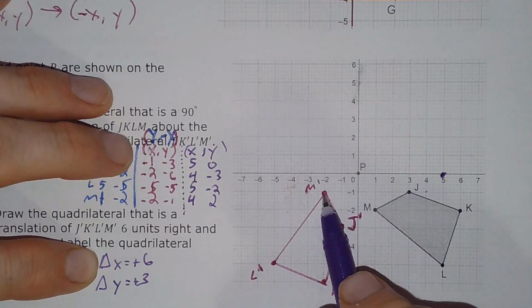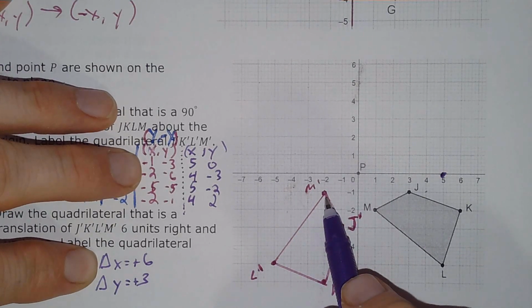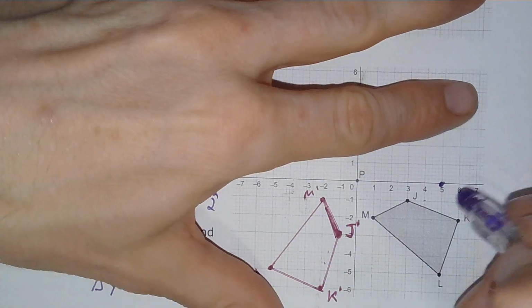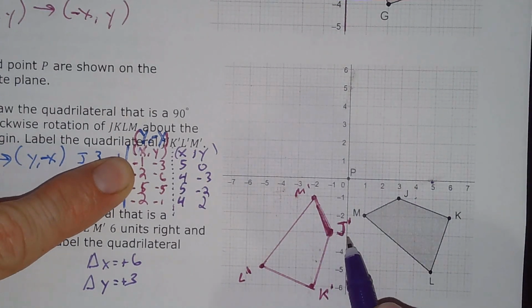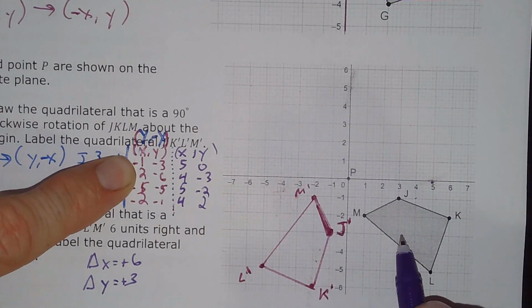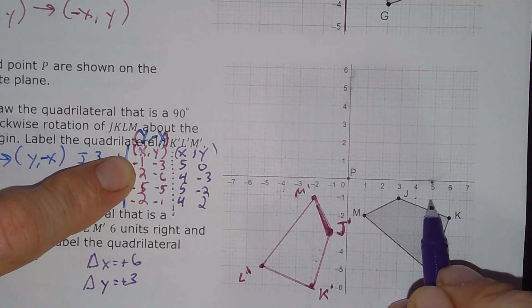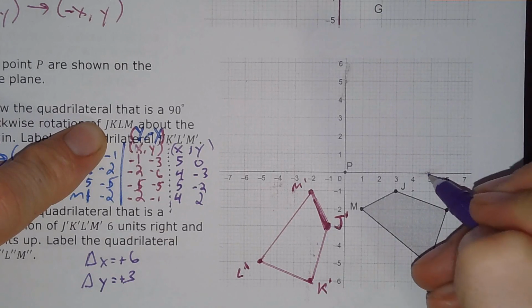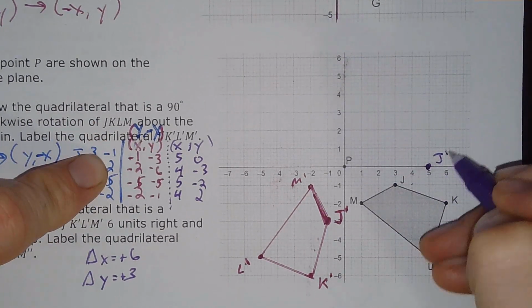Wait, this is negative 1. Well, that's J coordinate. That's J. Okay, so this is going to be 1, 2, 3, 4. 1, 2, 3, 4, 5. 1, 2, 3. That is right. Okay, so I can trust my math there. And that is going to be J double prime.